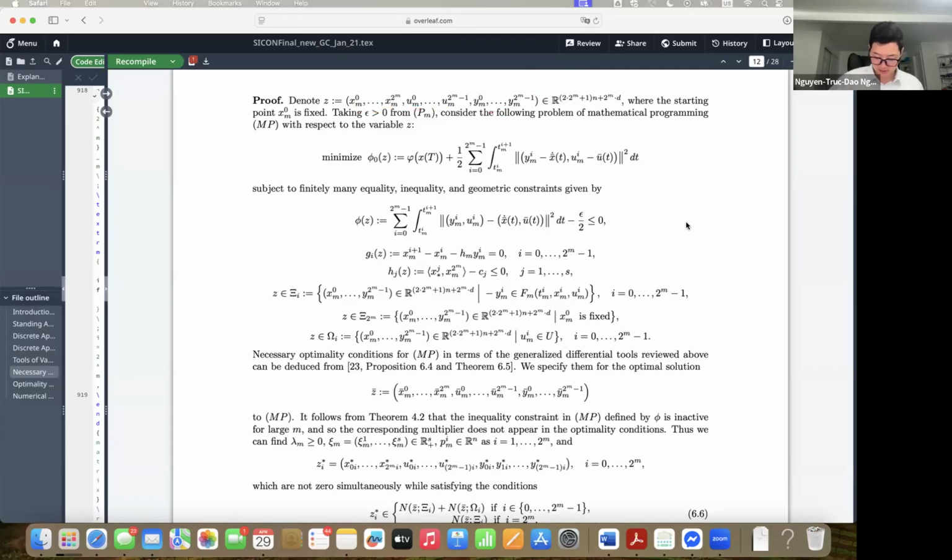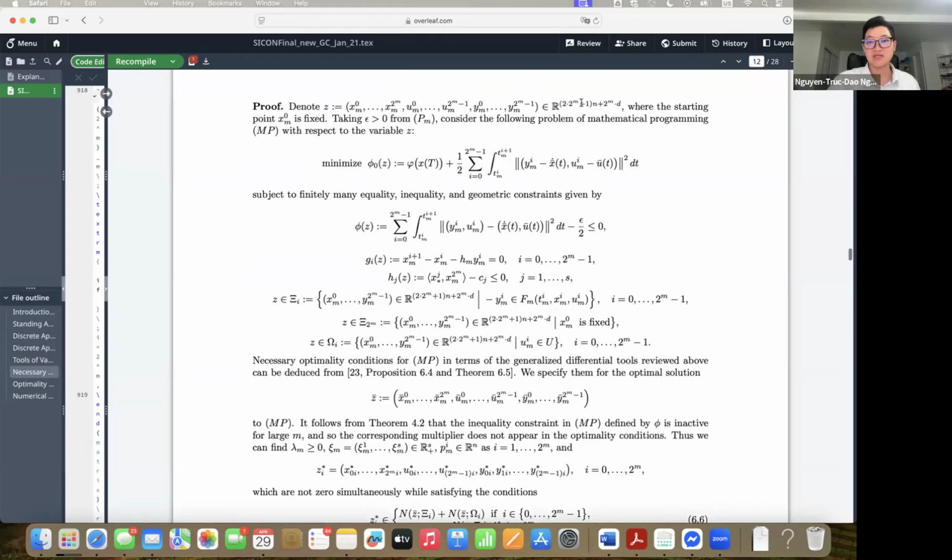I'm going to erase all the arrows so that it's clear for the next one. And this is just the dimension; we just calculate the dimension here. This is 2^m plus 1, this is 2^m, and this is 2^m, so you add them all together. But please remember that each element here is a vector, it belongs to R^n.